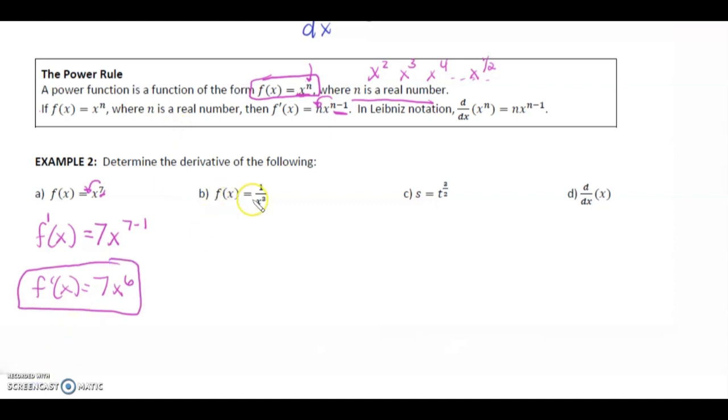Okay, b, f at x equals 1 over x cubed. So this doesn't look like a power rule, but if we rewrite 1 over x cubed, in order to get this x cubed to the numerator, it's actually going to be x to the negative 3.